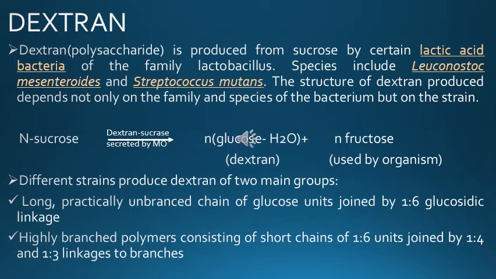Now there are two main groups of dextran which is produced. One is the long and practically unbranched chain of glucose units joined by 1,6 glucosidic linkage, and second is the highly branched polymeric which consists of short chains of 1,6 units joined by 1,4 and 1,3 linkage to branches.